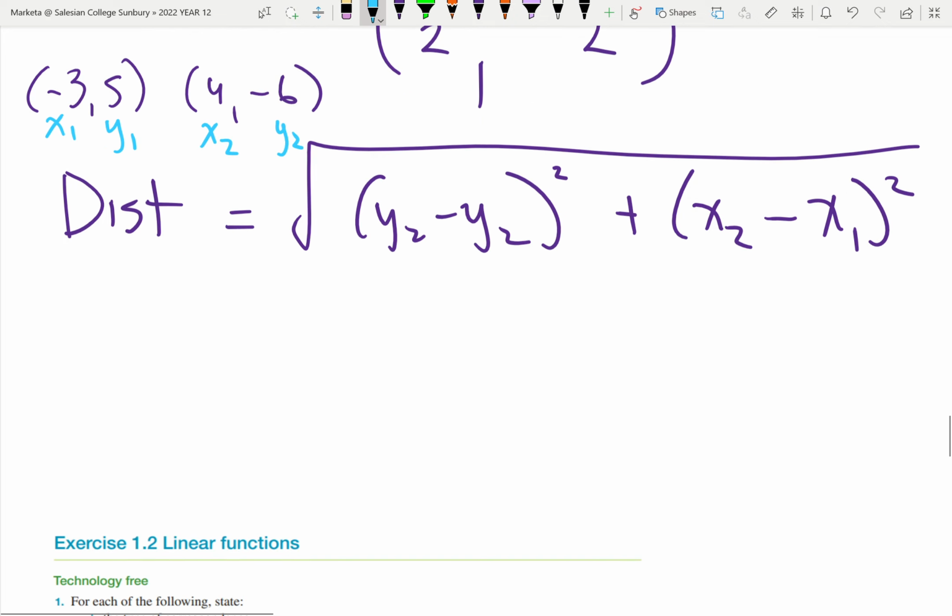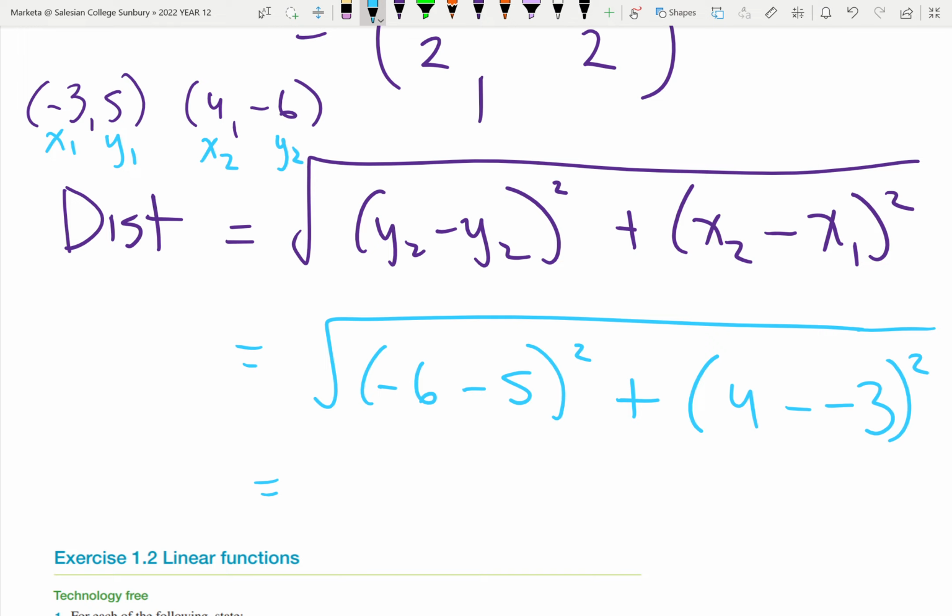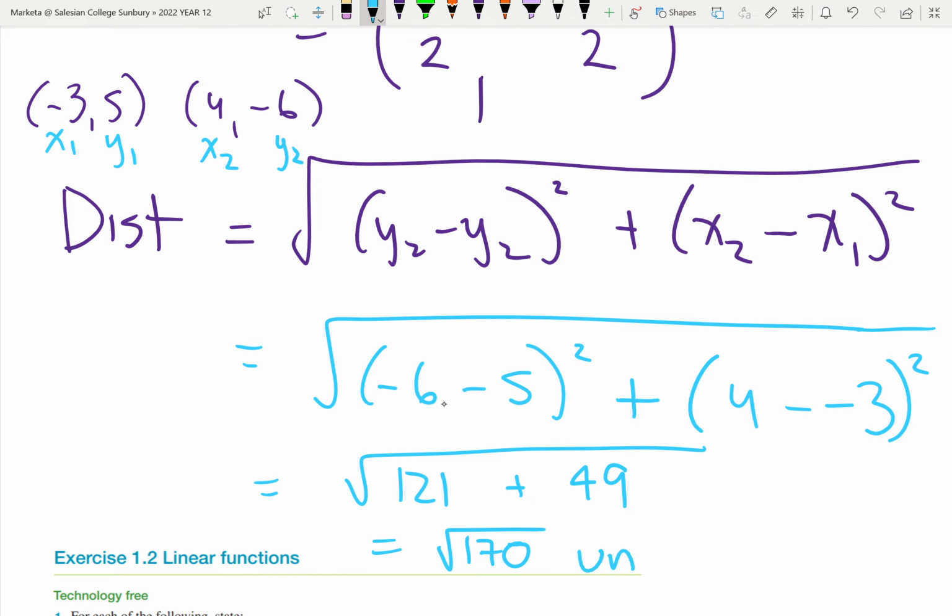If you do that, you save yourself that trouble. y2 is -6, minus 5, squared, plus x2 is 4 minus -3. Be careful, you've got a double negative there. -11 squared is 121, and 7 squared is 49. So it's 170. And I don't think we can simplify that. No, we cannot. So it's just root 170 units.